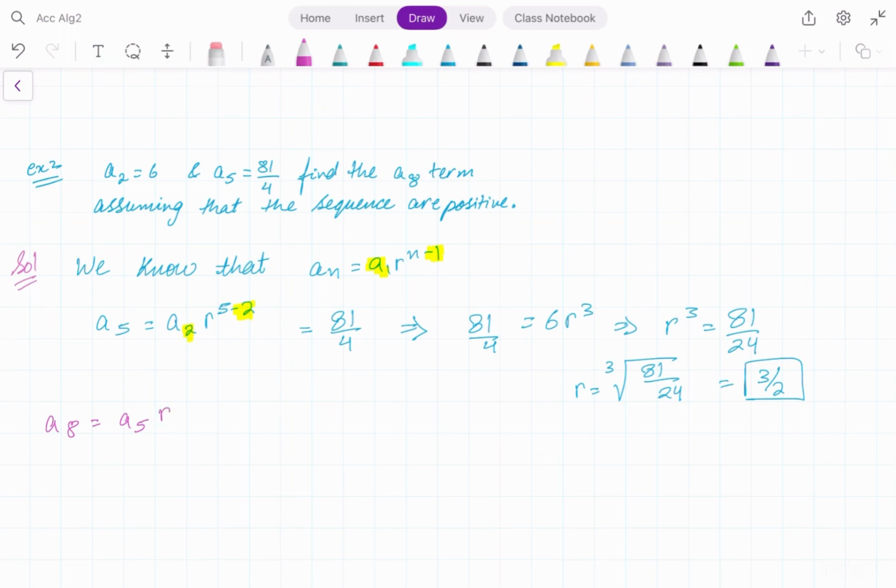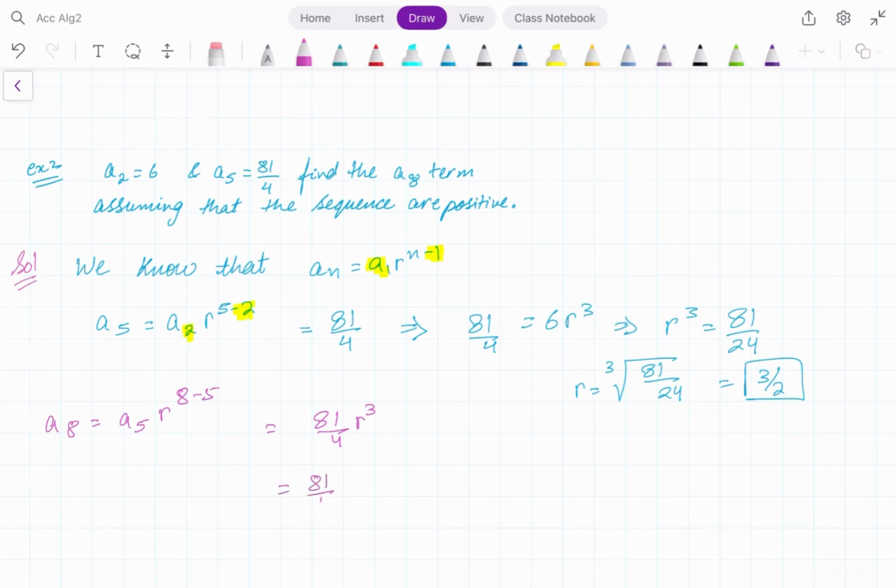Now let's go with the eighth term. A8, I can start with A5. Because we are starting with A5, we will do n minus 5. So I know the fifth term is 81 fourths, times r to the power of 3. You just calculated r to the power of 3, which is 81 over 24.